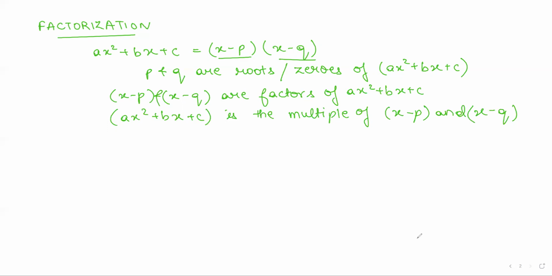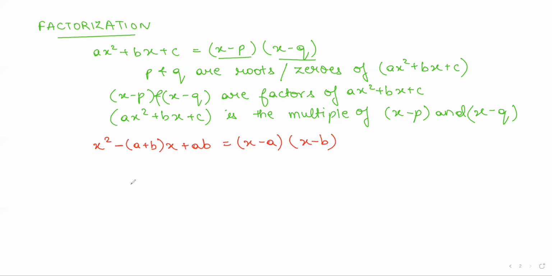Now, last year we studied a few algebraic identities. Amongst those identities was this one: x squared minus (a plus b) into x plus ab is equal to x minus a into x minus b.